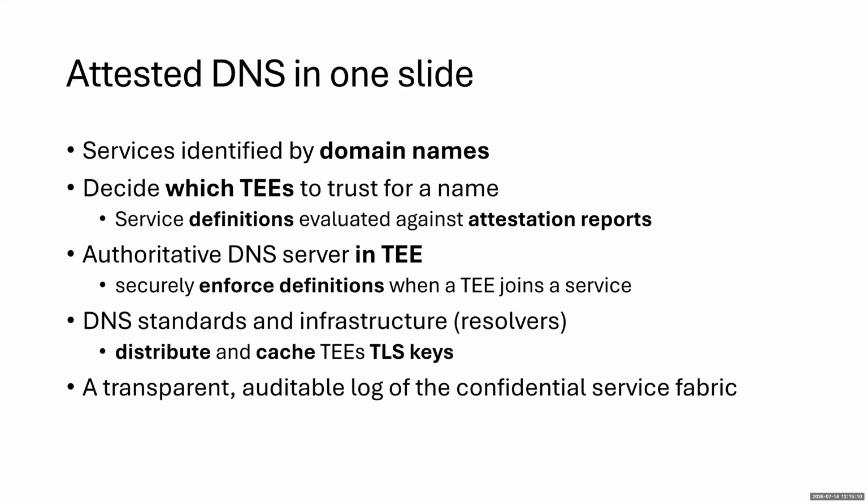And as a bonus, we would like to have a full history of how this authoritative DNS server behaves, because it plays quite an important role in this architecture. If it misbehaves or ends up doing bad things, we will want to understand what the impact was and how this came to happen. So that's the big idea behind attested DNS.